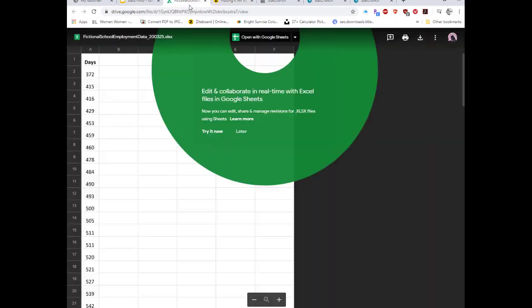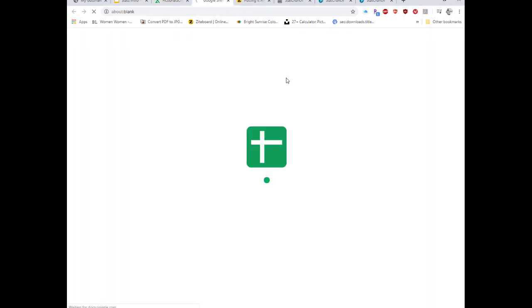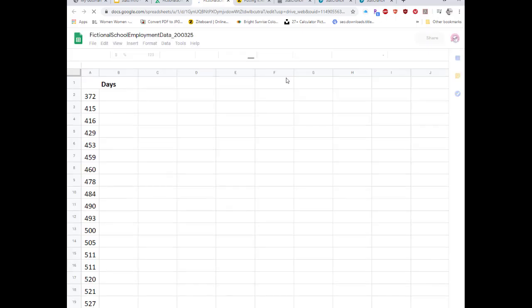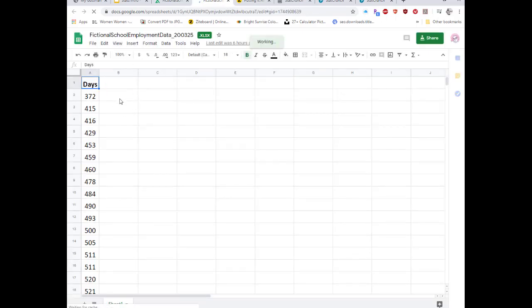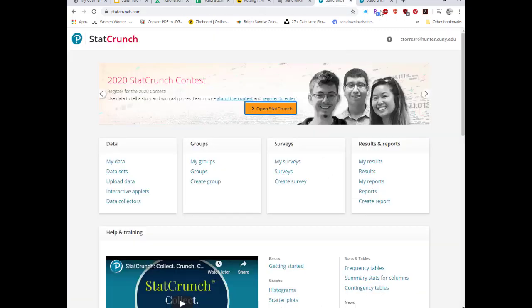I'm going to open this with Google Sheets. I have the information about how many days these employees were on staff at the school. So I'm going to take the data and put it into StatCrunch.